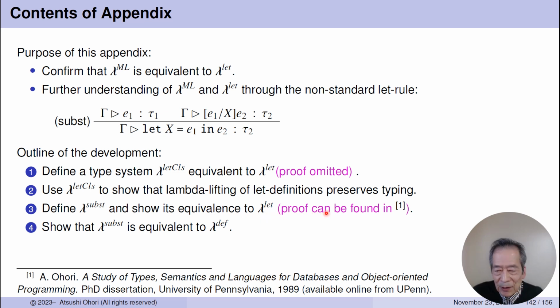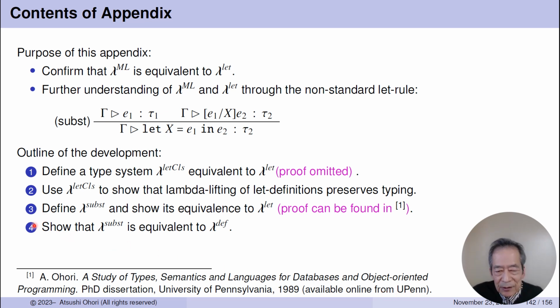So the proof can be found in this PhD dissertation of mine. I believe it can be obtained on the internet. If you search on the internet, you can find a PDF document from the University of Pennsylvania, I believe.